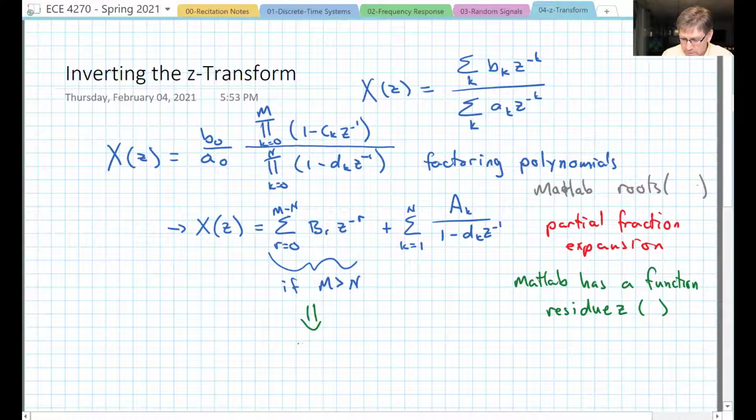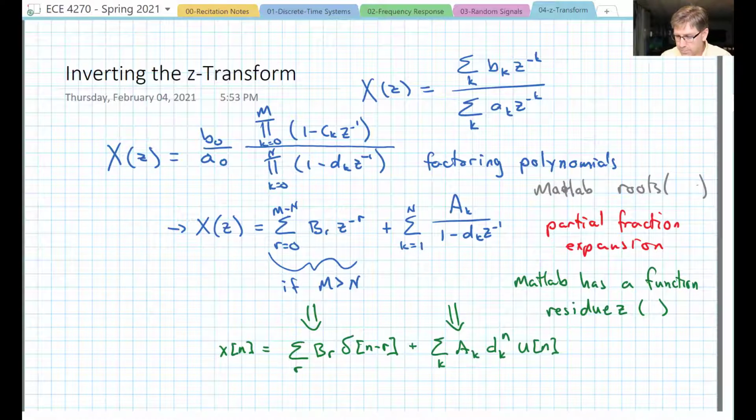So this would be a sum of B_r delta of n minus r, and this part will look something like that. Okay, so then we've done our partial fraction expansion and directly converted that into our time domain function via the lookup tables.